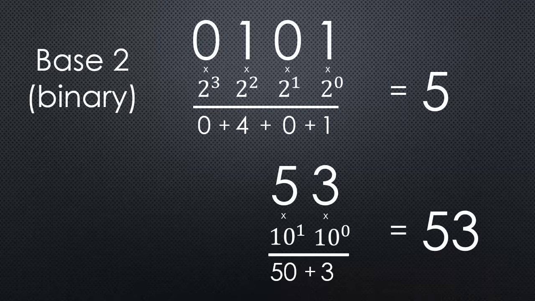So that's right, that's why it's 53. This is the math that we're used to doing, and because we're basing it off 10 to the something power, it's base 10. And we need 10 digits to represent it: 1, 2, 3, 4, 5, 6, 7, 8, 9, and 0. Those are the 10 digits that we use to represent numbers. But binary only needs 2 digits to represent numbers, a 0 and a 1.